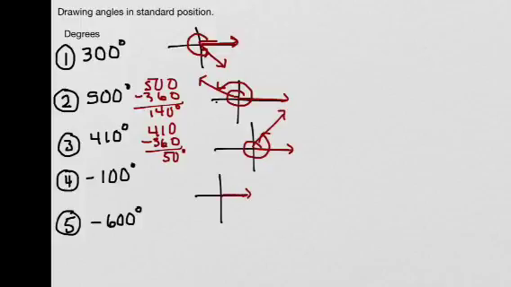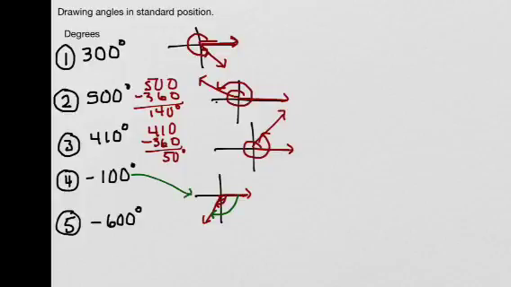And then you're going to go negative 90, and then a little bit more, negative 100. Connect, draw the second one, and the arrow would be right here. Okay, so it's this angle right here. That would be your negative 100 degrees. So that one goes with that one.